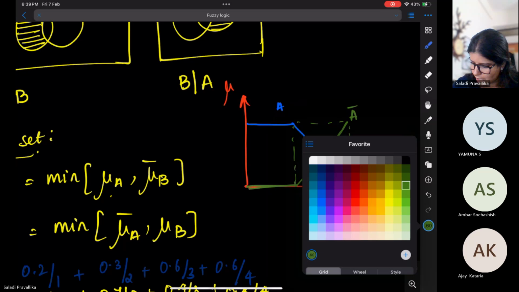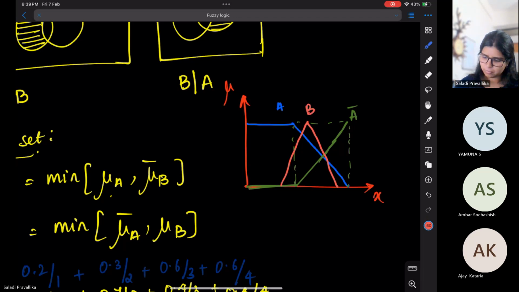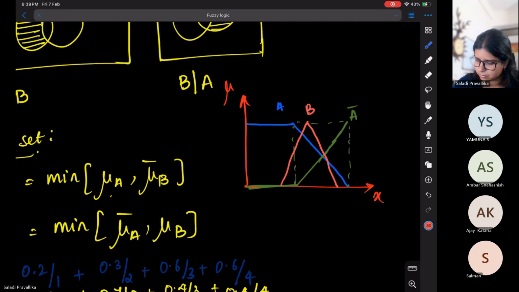And let's draw B. For now, since we have already drawn this, I don't want to make it more clumsy. So let's just find B minus A. That is, you're taking B difference A, right?